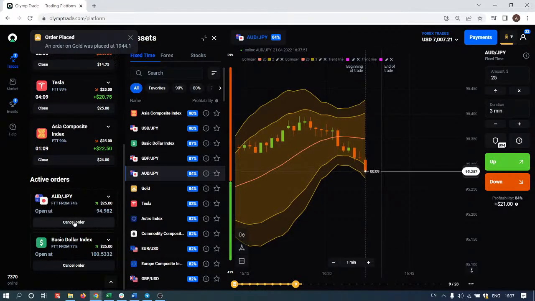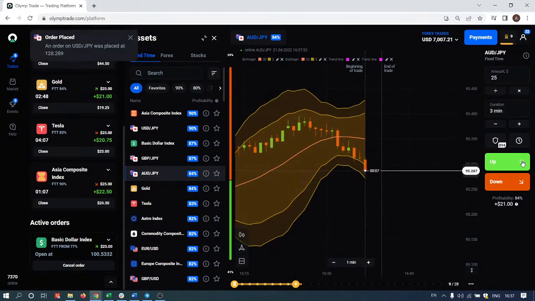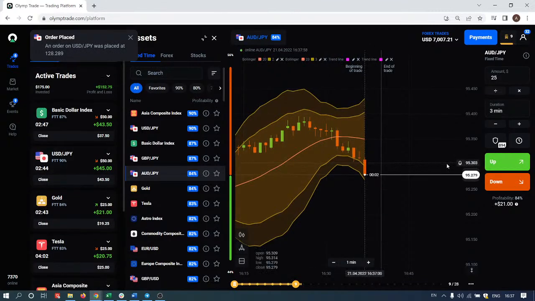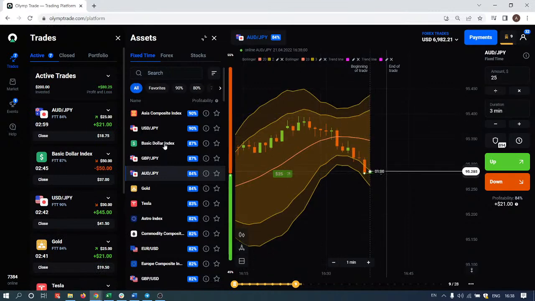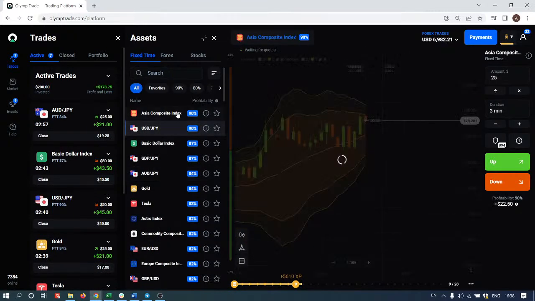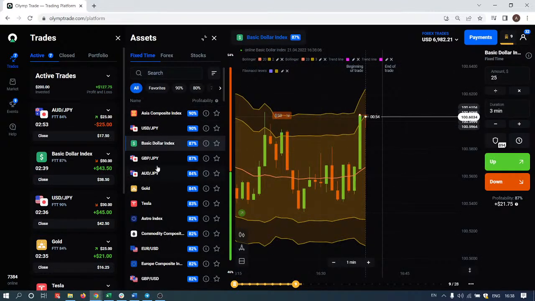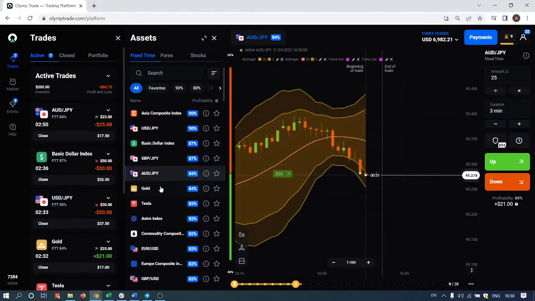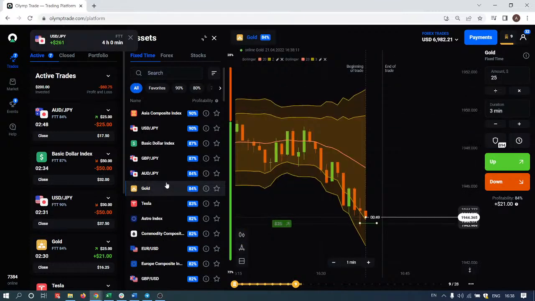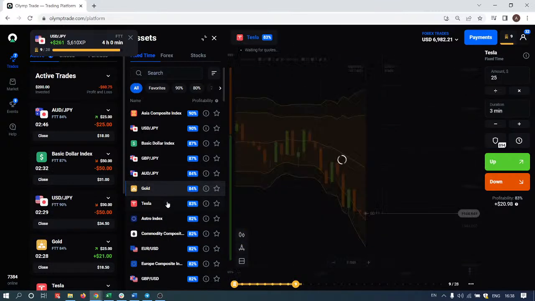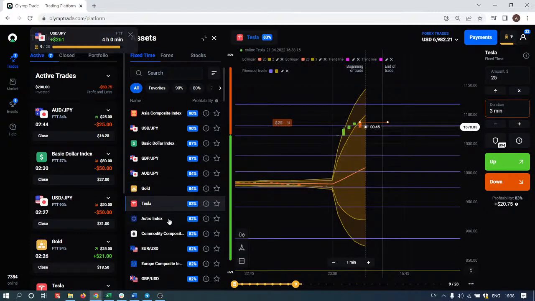Hold on, let me cancel this one. Because opening a trade is not a problem at all, but what will it be based on? I don't really like opening just random trades. In my trading, I like to have some idea behind something.